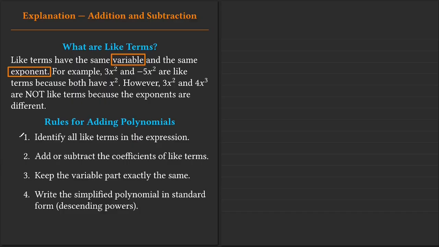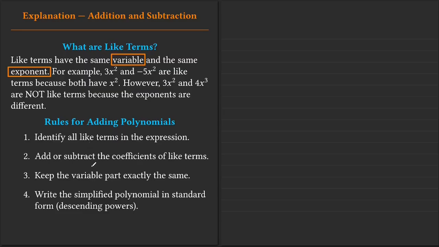Knowing what is and what is not a like term is very important because it is the foundation for adding and subtracting polynomials. So let's look at the rules for adding, which is the same as the rules for subtracting polynomials. First of all, you identify all the like terms in your expression. If you're able to identify all the like terms, you now add or subtract the coefficients.